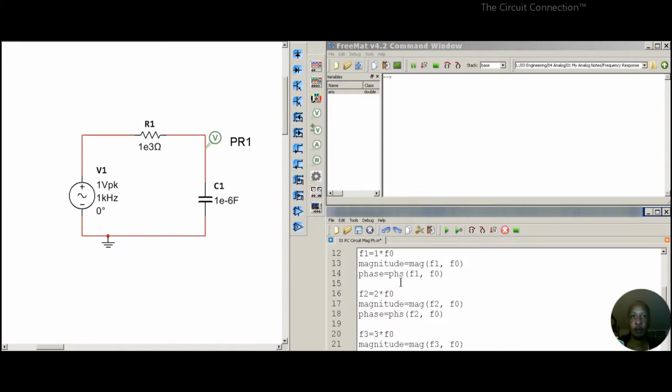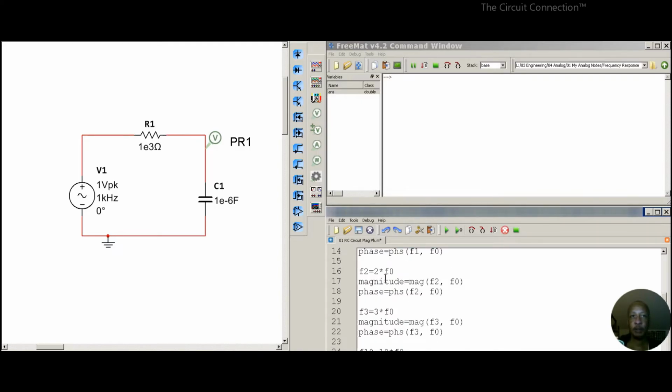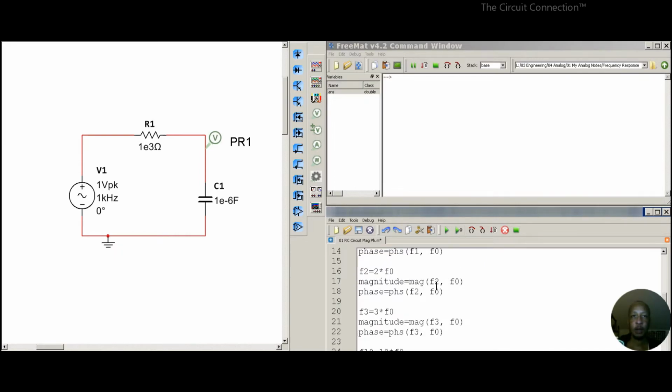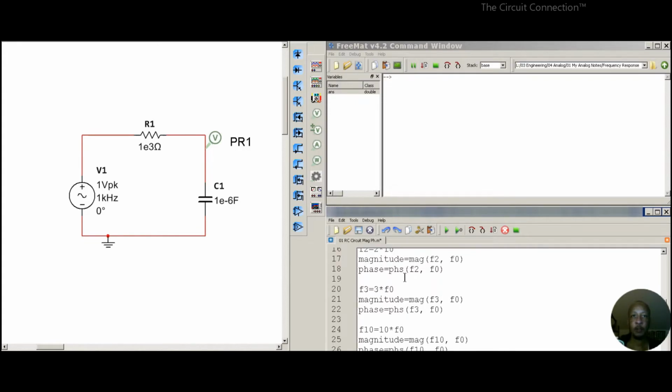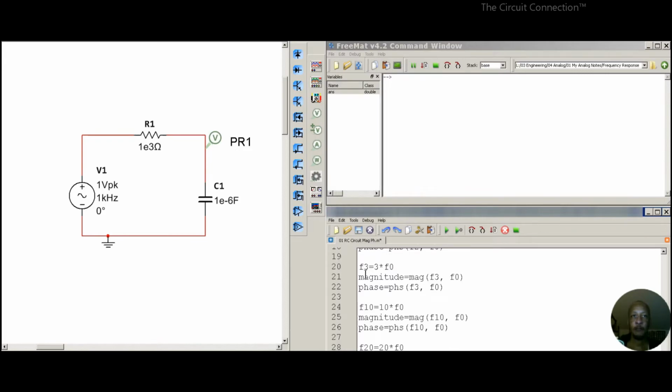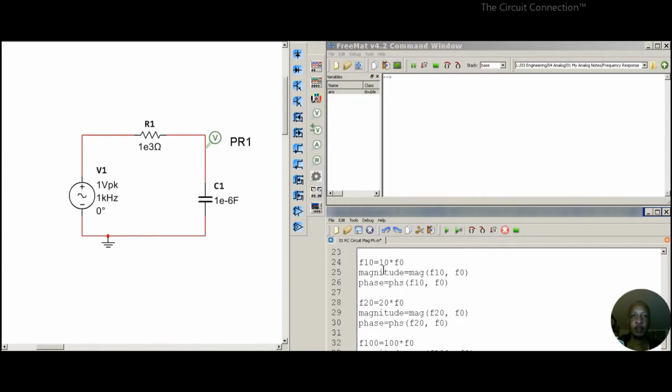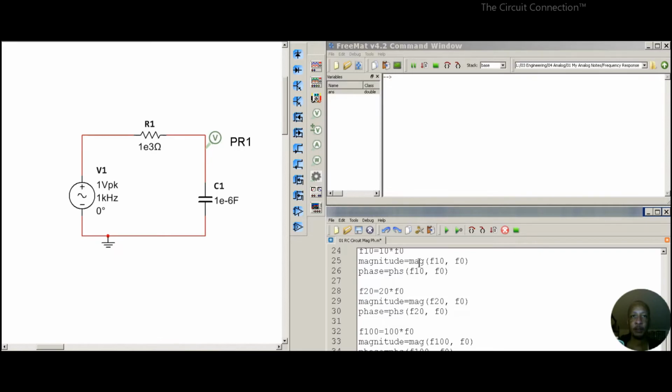So f2 will be 2 times f0, and I calculate that magnitude and phase based on f2. f0 is never going to change, but I included it as an argument in my function anyways. f3 is going to be 3 times f0, and we're going to get a calculation for that. f10 is going to be 10 times f0, and we get a magnitude and phase calculation for that.